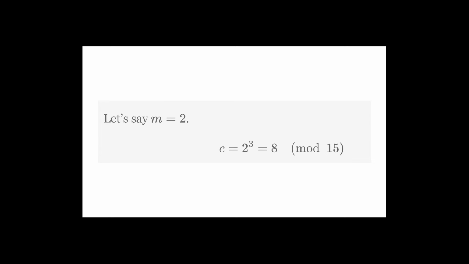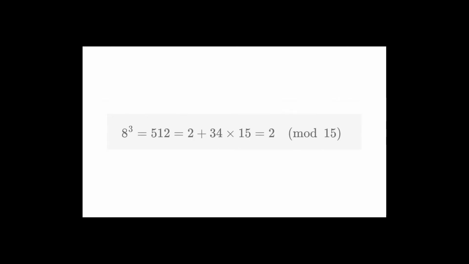And now to do the decryption, we do 8 power D, and in our case, it happened that D and E were the same, so we'll also raise to the power of 3. Again, that's just a coincidence. So we take 8 and raise it to the power of 3, so 8 times 8 times 8, and that gives us 512, which is way beyond the modulo 15.